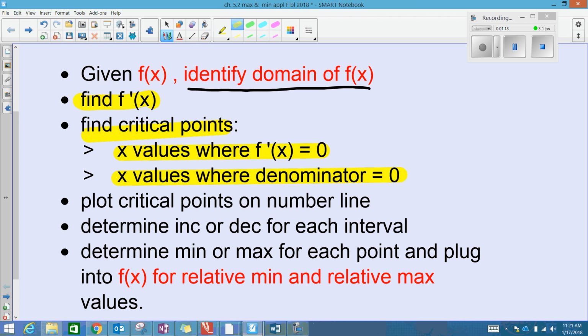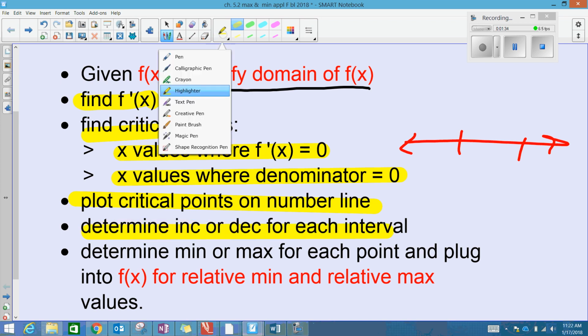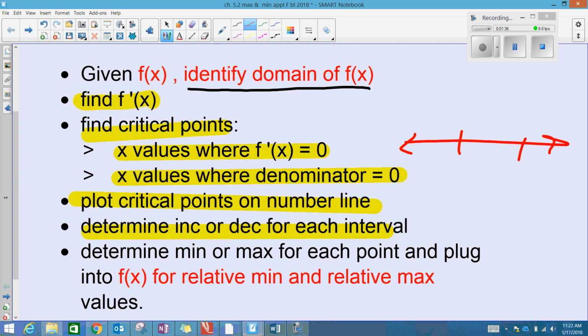So those are the critical points, and then we plot those on a number line, and then we determine increasing or decreasing for each interval. And remember, to do that, we choose values in between the intervals and plug them into the derivative.